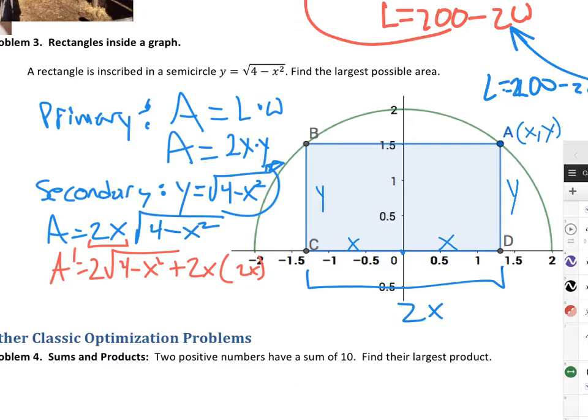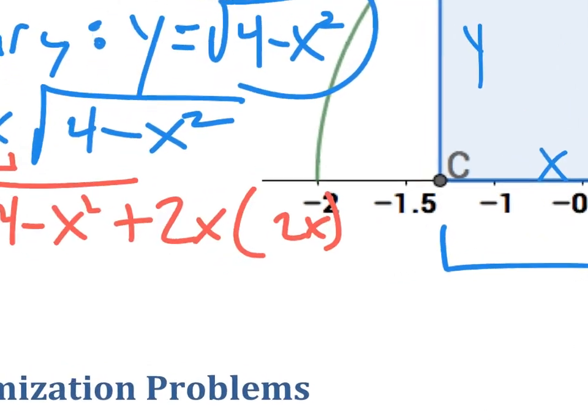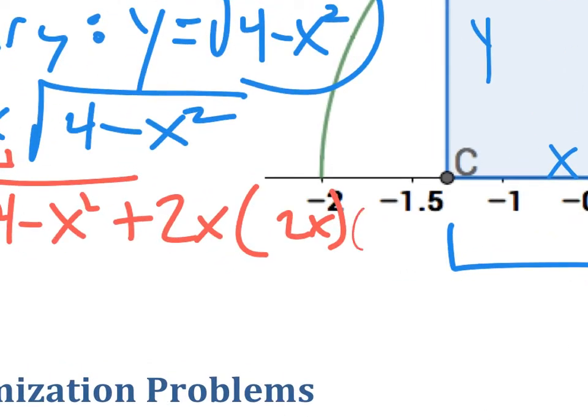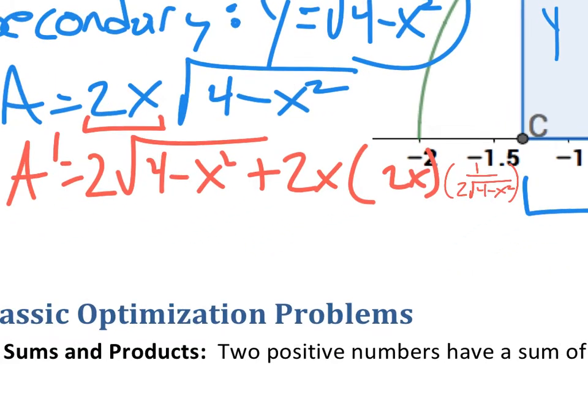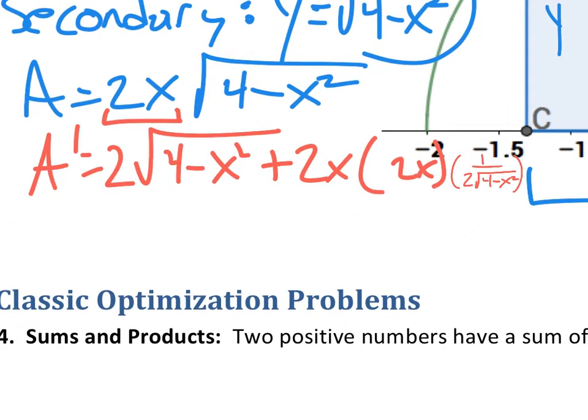Let's squeeze that in here. So we're going to have 1 over 2 times the square root of 4 minus x squared. All right, I think we got all the parts there. Let's clean this up. We're going to need to set it equal to 0, but we got to clean it up first here.